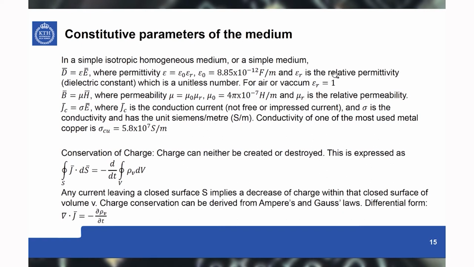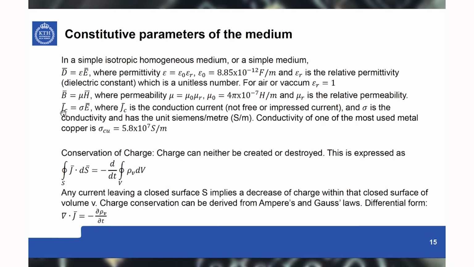And epsilon r is the relative permittivity, sometimes called the dielectric constant, which is a unitless number. Now B equals mu H, and mu 0 is the free space value of the permeability, in Henrys per meter, and mu r is the relative permeability.